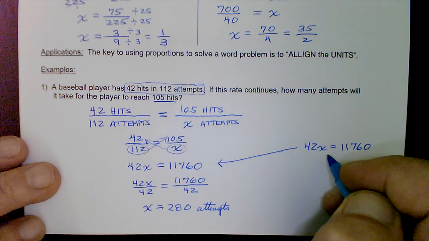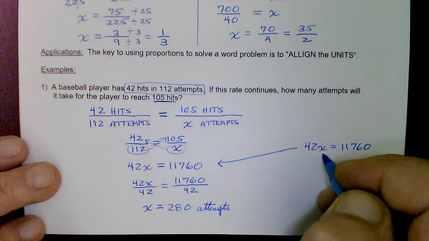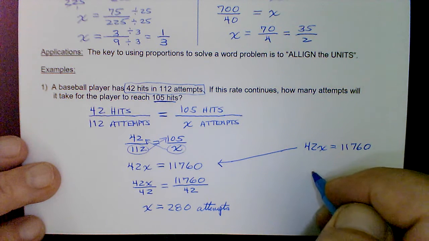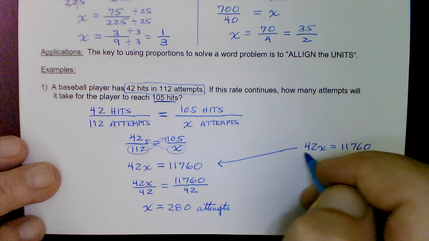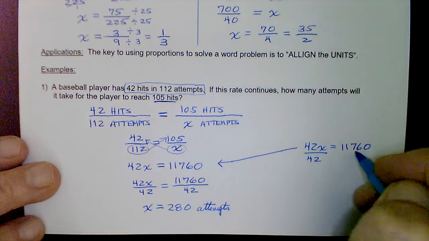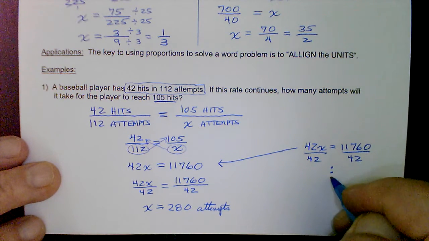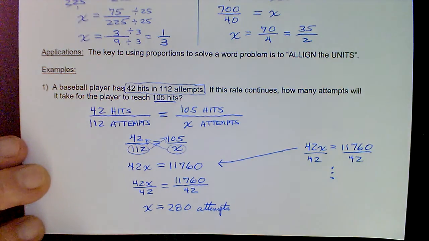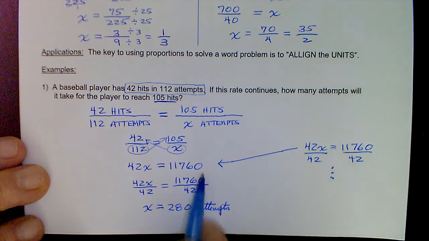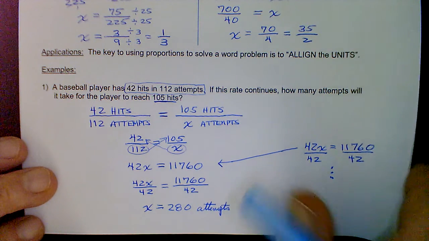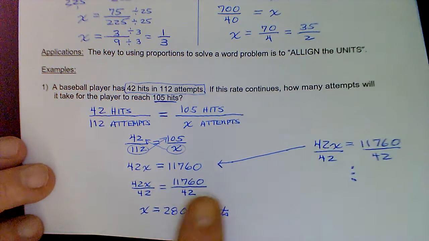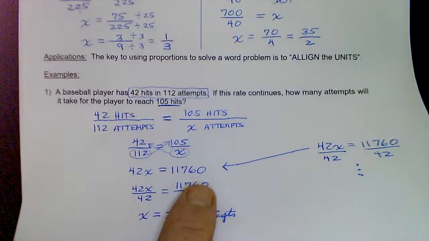It happens in a matter of seconds here. A lot of people won't take the time to rewrite. They're just going to draw a line and put 42, and draw a line and put 42, and then finish it up. Okay? So it's fine if you do that, but I'm always going to show it more literally. Okay, so that's the key to setting up proportion problems.